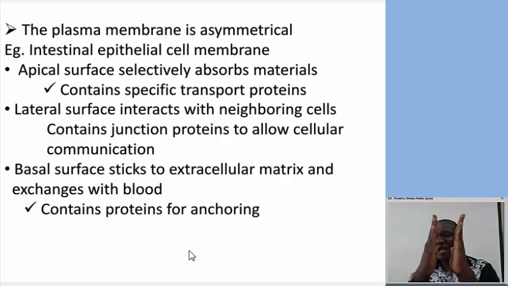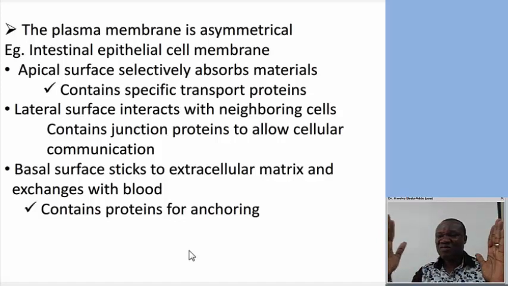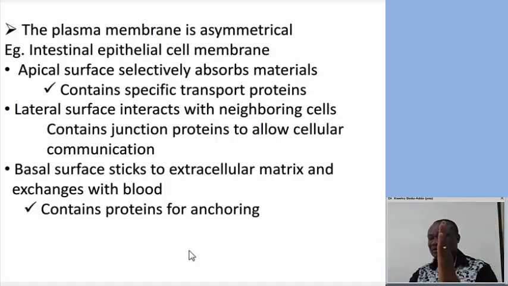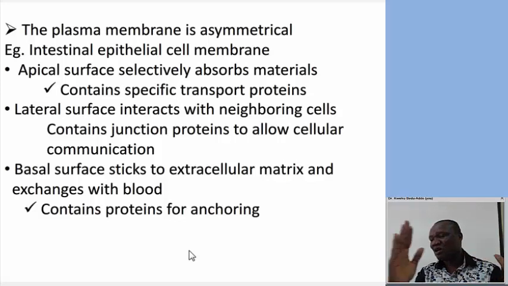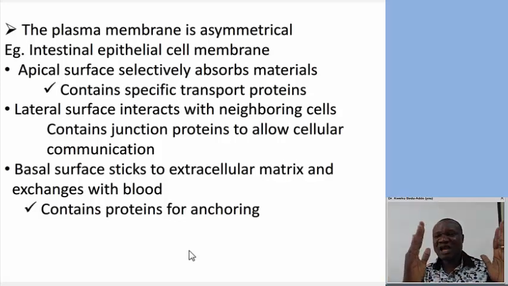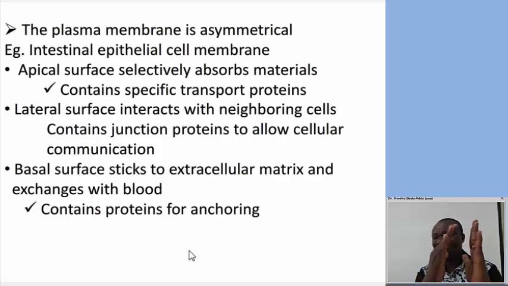Assuming my hands constitute a lipid bilayer, that's the cytoplasmic end, that's the extracellular end. If I split it, this one wouldn't be a mirror image of this one. It means there are structures that will be present in this that are not present in this. So they are said to be asymmetrical. Using my hand, for instance, there is a ring present here, it is absent here, so it's asymmetrical.